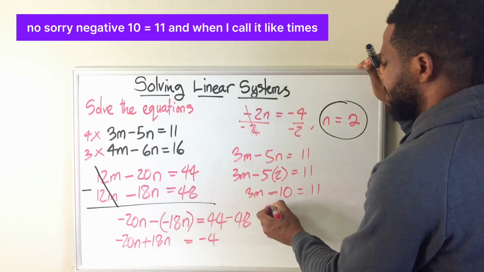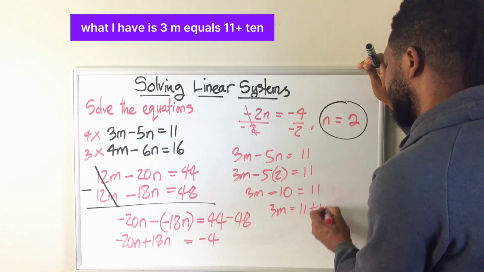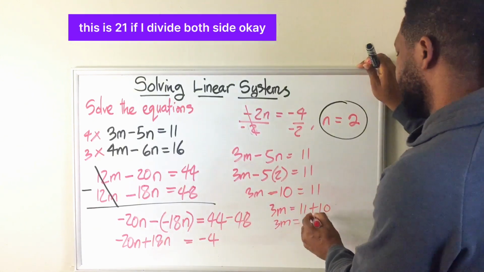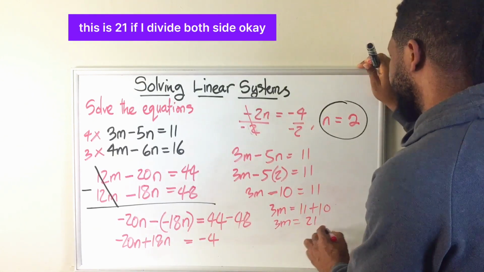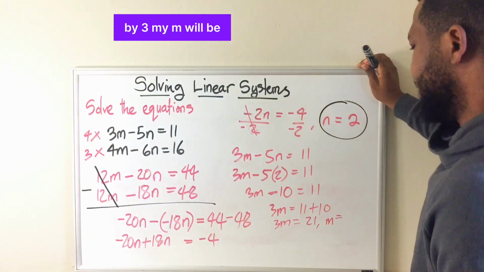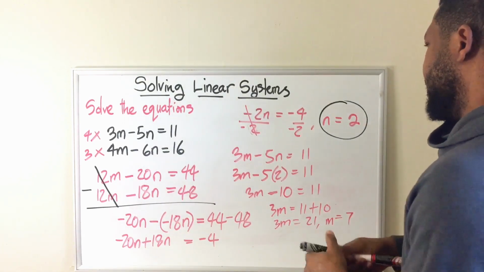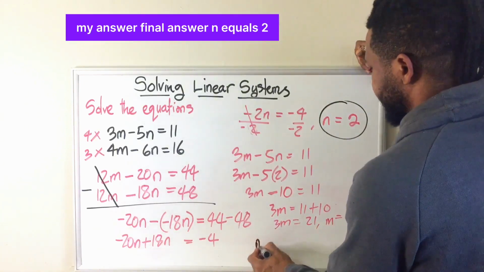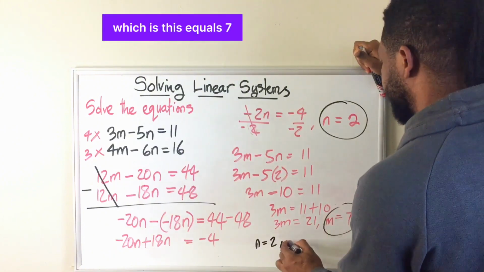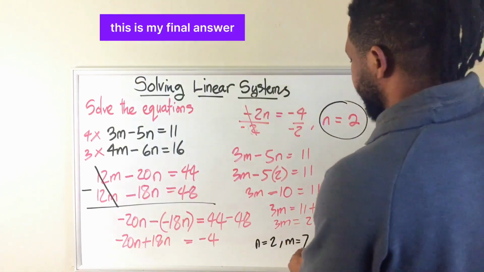And when I collect like terms, what I have is 3m equals 11 plus 10. And 3m will be equal to 21. If I divide both sides by 3, my m will be 7. Therefore, my final answer: n equals 2, and my m equals 7. This is my final answer.